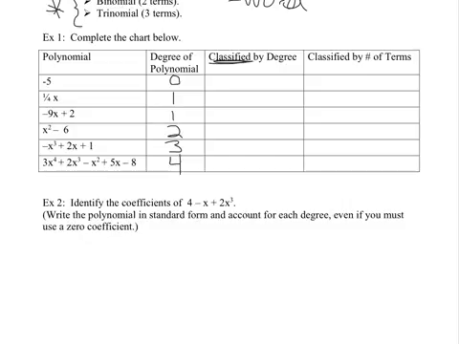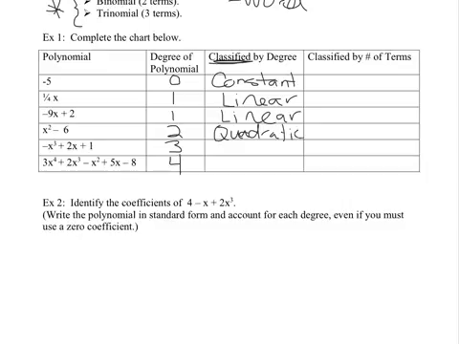Here, -5 doesn't have any variables, so this is a constant. 1/4 x, degree is 1, so it's linear. -9x + 2, again, the degree is 1, so it's linear. x squared minus 6, degree is 2, so that's quadratic.